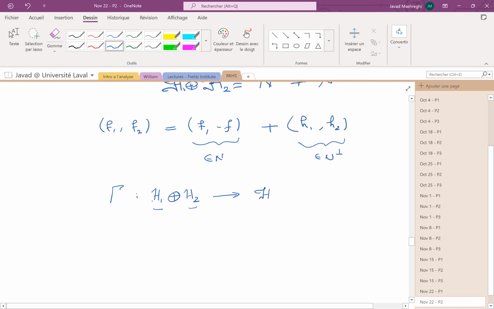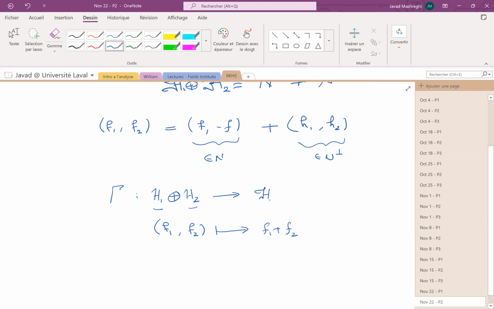So when you add a function here to a function here, it's an element of the family of all functions defined on X with values in C, and we call this H. So the definition is simply: F1 and F2, you send it to F1 plus F2. That's the definition of H. No structure on H yet, except that it's a vector space.